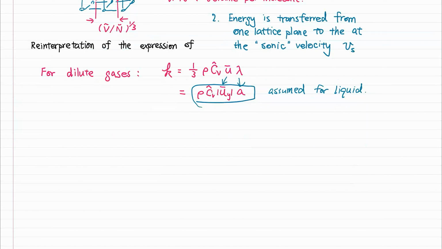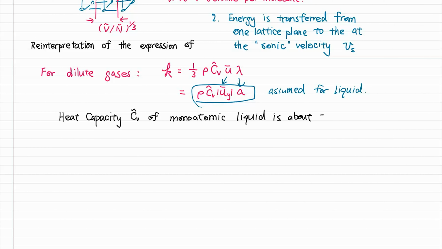So the constant volume heat capacity C sub V of a monoatomic liquid is about the same as for a solid at high temperature.